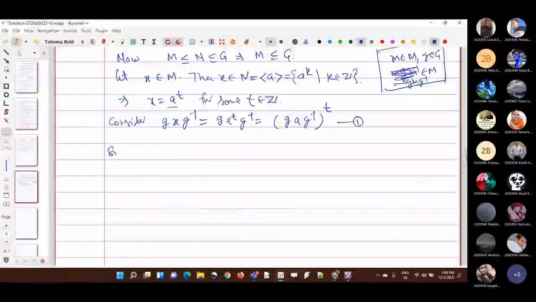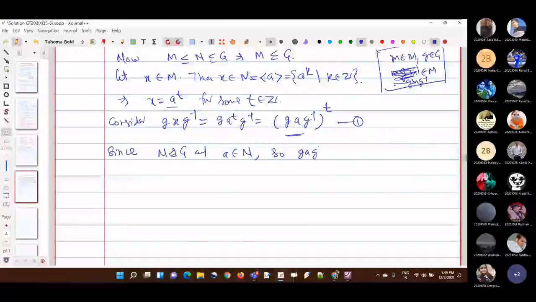Now since N is normal in G and a belongs to N, this element g a g inverse should be a member of N. And N is generated by a, and it is the collection of all elements a to the power k, where k belongs to the set of integers.